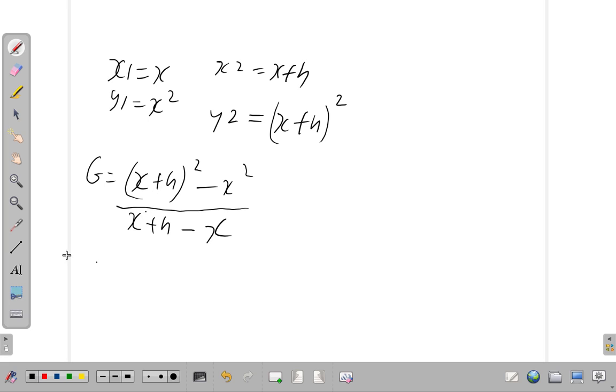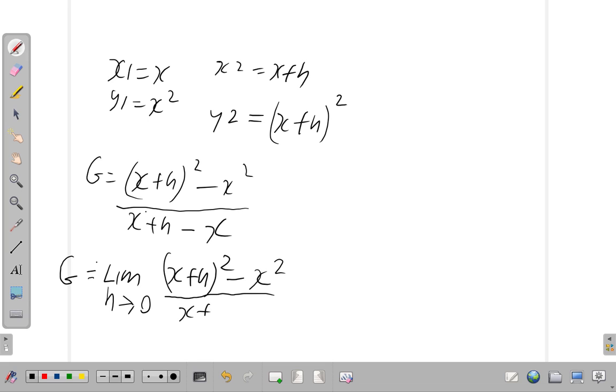So the true gradient of the line would be the limit as h approaches 0 of x plus h squared minus x squared over x plus h minus x.